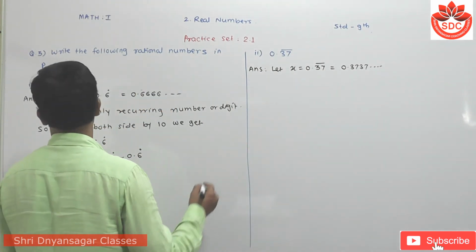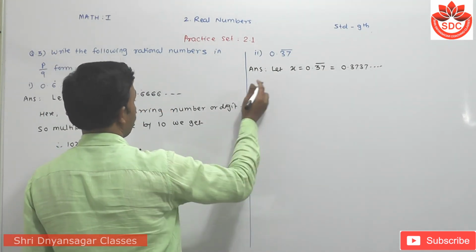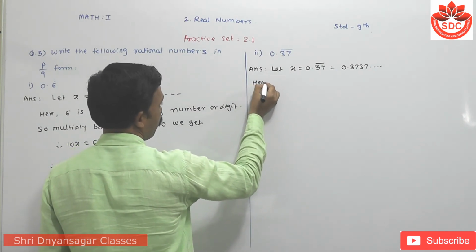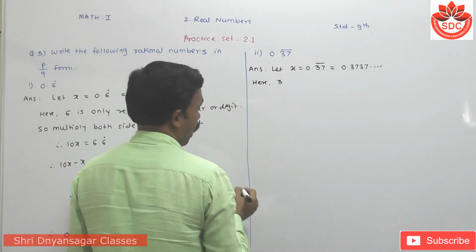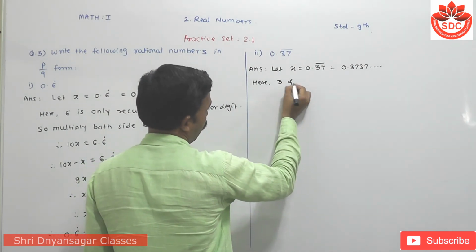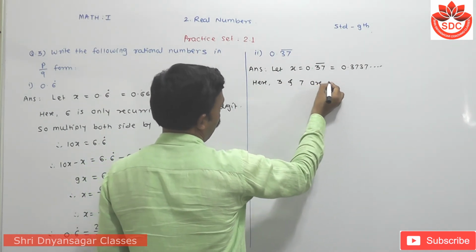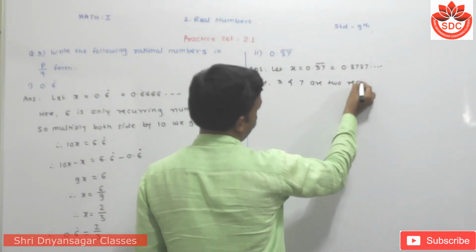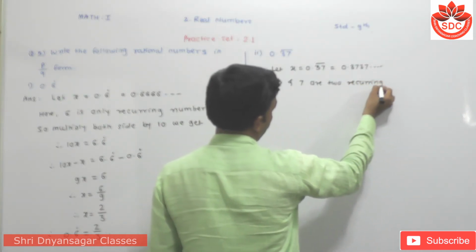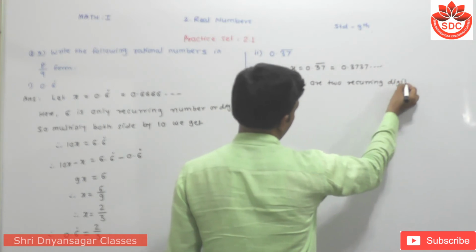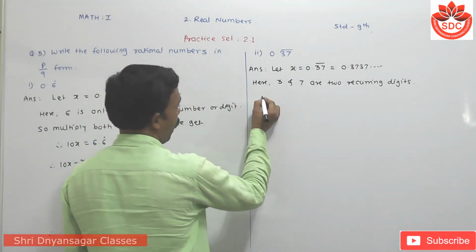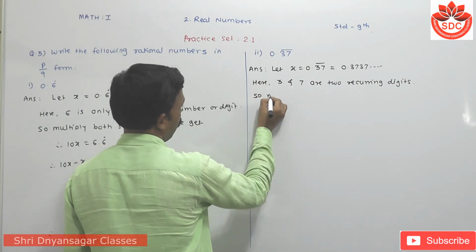So let x is equal to 0.37 bar. Here 3 and 7 are 2 recurring digits or numbers. So multiply both sides by 100.